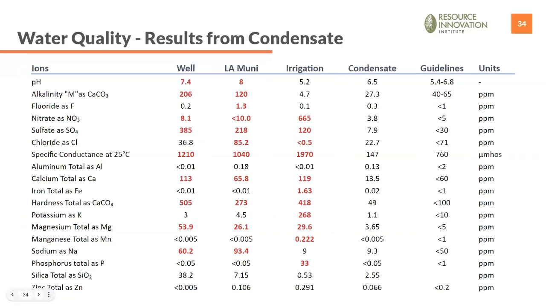I've added a fourth column here, and this is the water quality that you'll get from your condensate if you recapture condensate from the farm. And you can see there's nothing red in this condensate column.